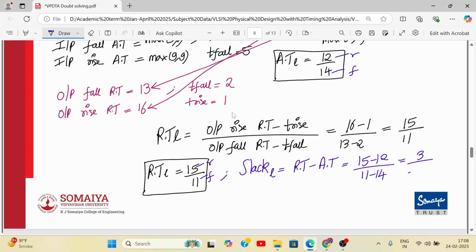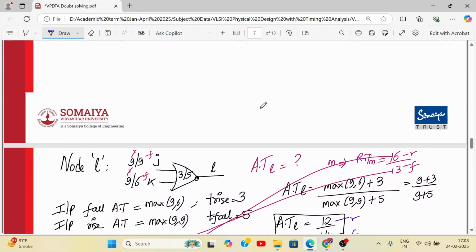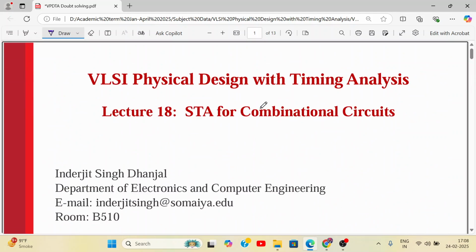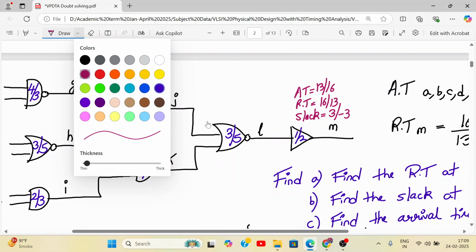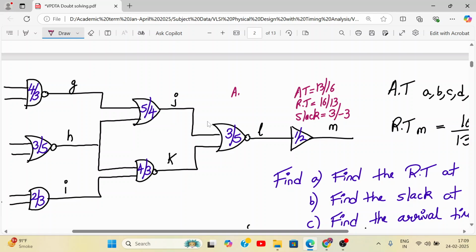So it will be 3 by minus 3 again. So slack came out to be 3 by minus 3. Okay. So let us fill in this information at node L in this diagram. Here it is. So arrival time at node L is 12 by 14. Required time is 15 by 11 and slack remains at 3 and minus 3.